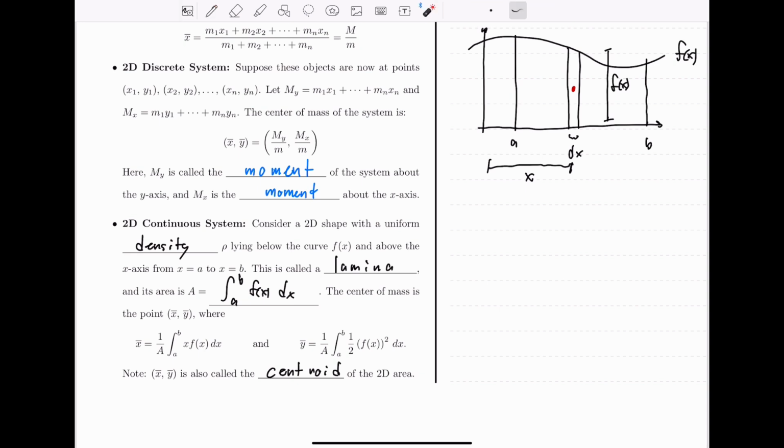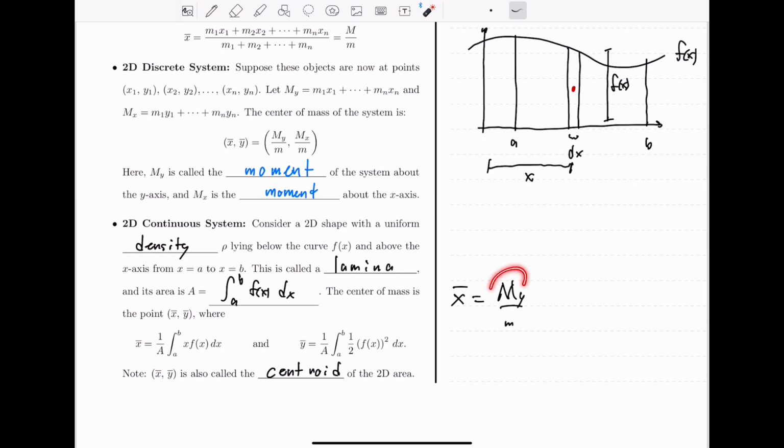Now let's think about the x coordinate of the center of mass for this. So we have x bar, which you can write as the moment about the y-axis divided by the mass. And to find the moment about the y-axis, we want to add up all the individual moments. And so we'll find the expression for the moment of this representative slice, and then use an integral to add up all these moments.